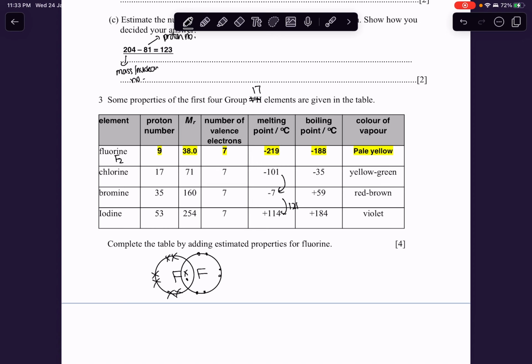From chlorine to bromine, melting point is 94. From chlorine to bromine for boiling point, it is an increase of 94, followed by an increase of 125. So if we work backwards, you should expect around 60 for the melting point difference, as well as boiling point about 60.